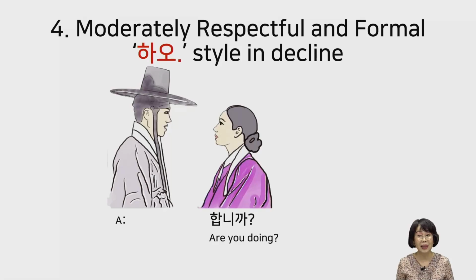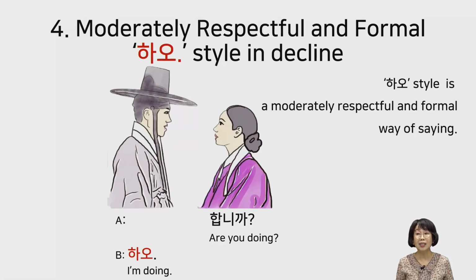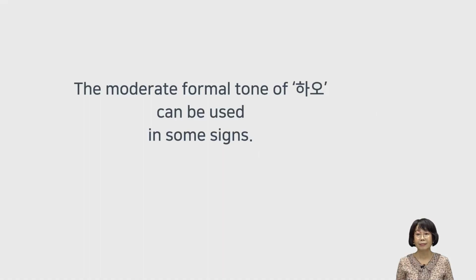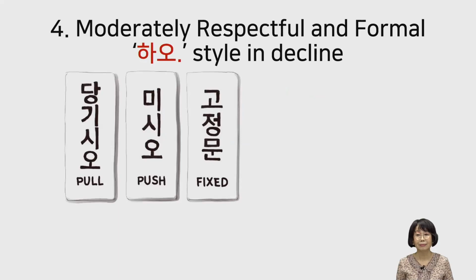The man says, 하오 style is a moderately respectful and formal way of saying. The moderate formal tone of 하오 can be used in some signs.